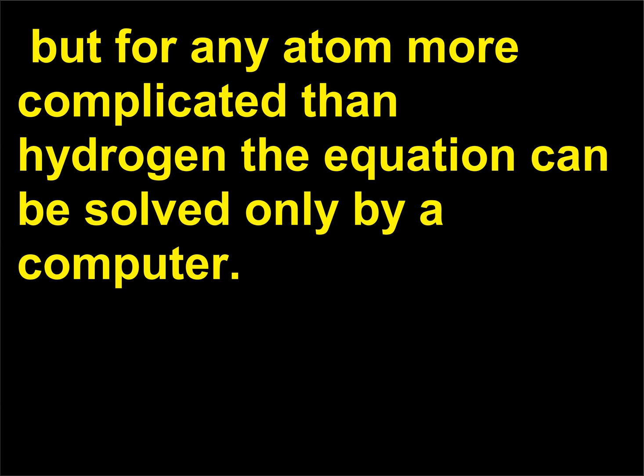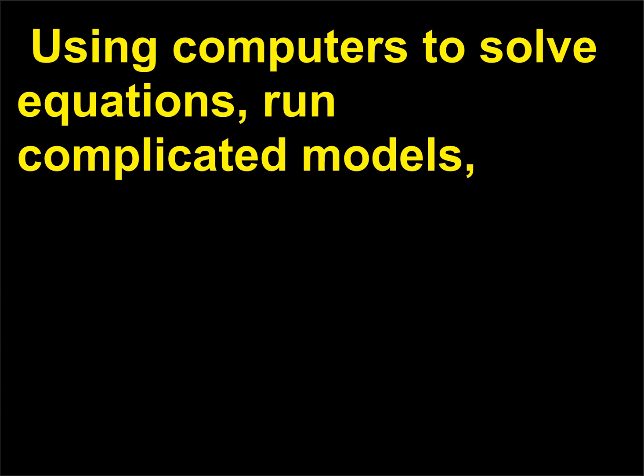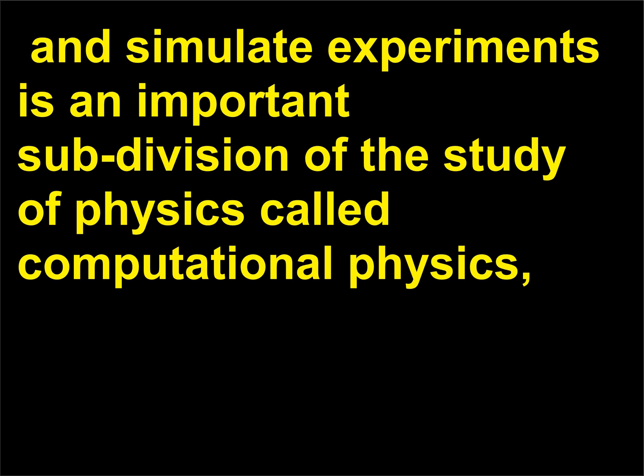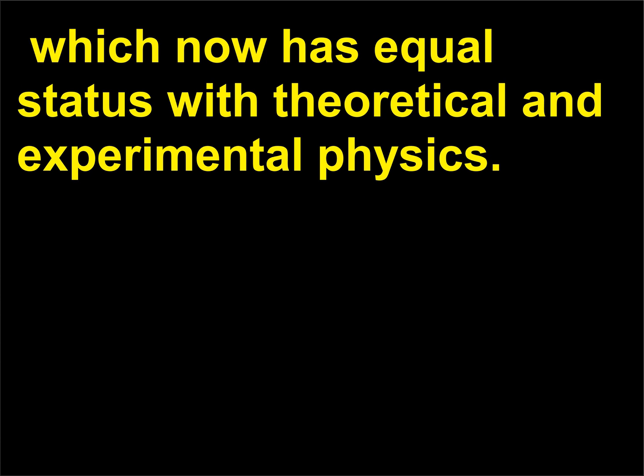But for any atom more complicated than hydrogen, the equation can be solved only by a computer. Using computers to solve equations, run complicated models, and simulate experiments is an important subdivision of the study of physics called computational physics, which now has equal status with theoretical and experimental physics.